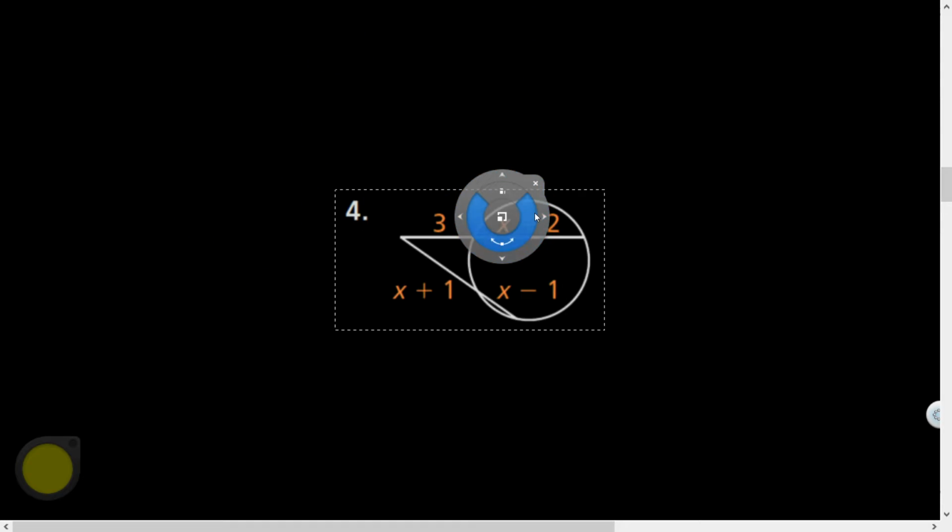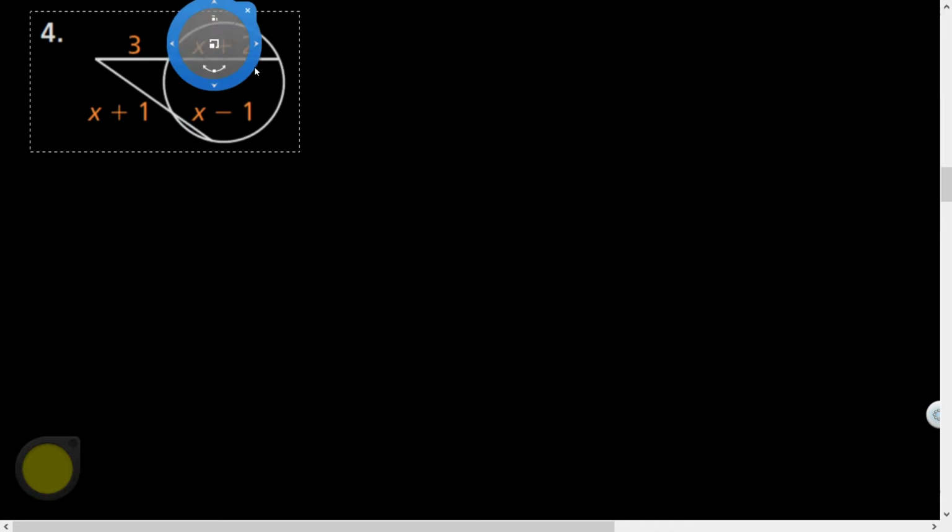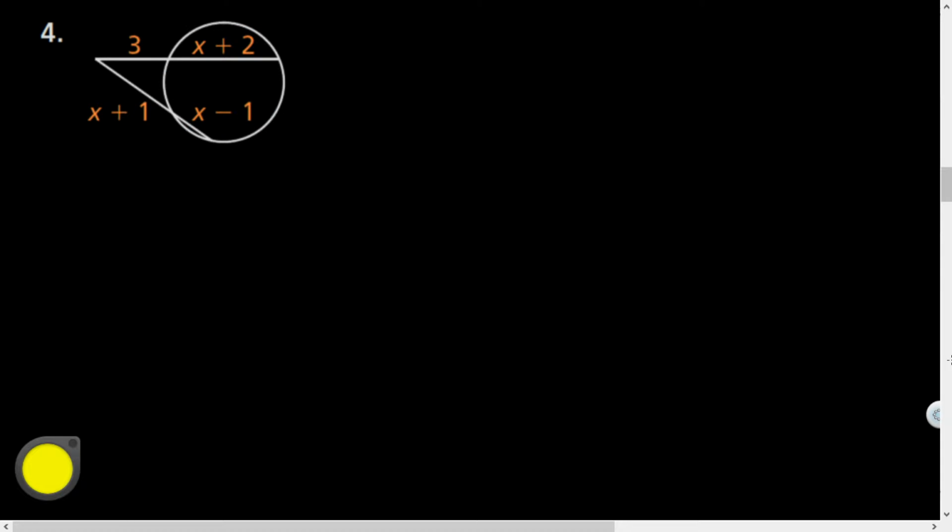This problem's interesting. This is monitoring progress question 4. I skipped 3. Let's just set up the equation here anyway. So I'm going to have 3 times what? So the external multiplied by what?